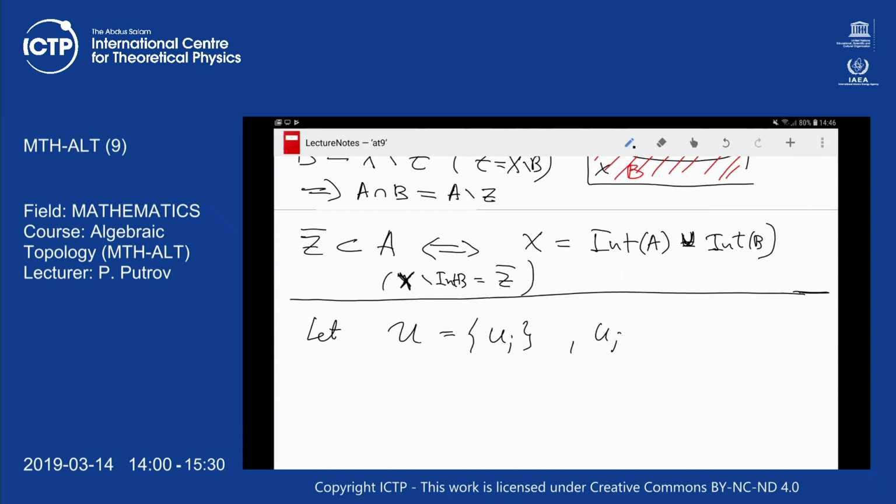So each U_j is a subspace in X such that if you take the union of all interiors of the subspaces, it will cover X. So in other words, the interiors of these subspaces U_j form an open cover of X.